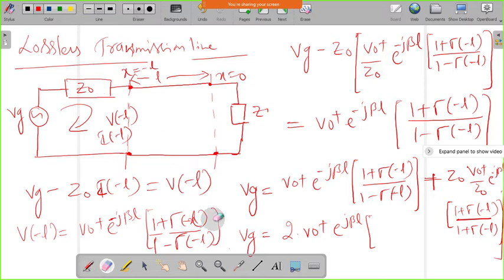Sorry, in the equation it is 1 plus gamma x only, and this one is 1 minus gamma x.